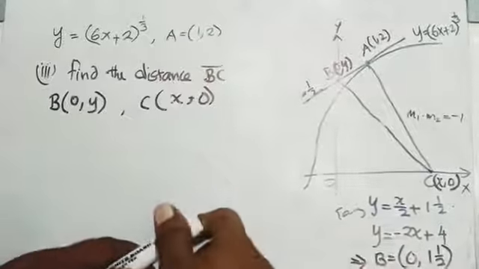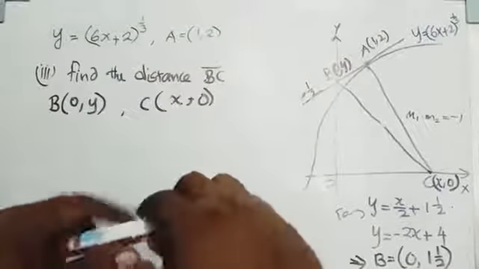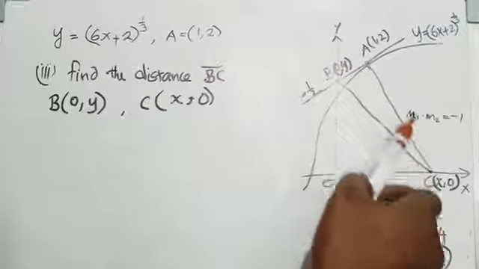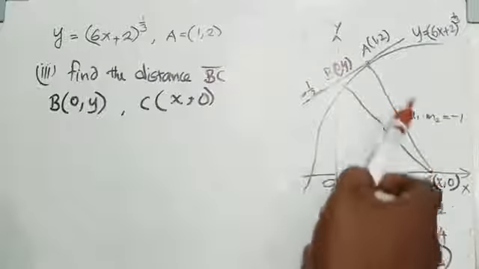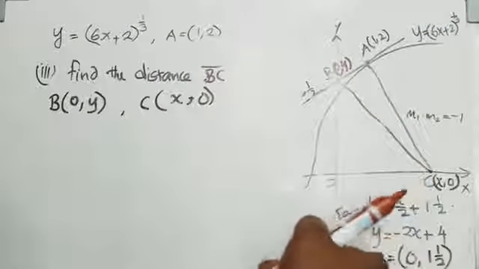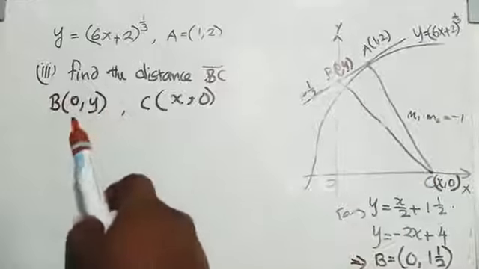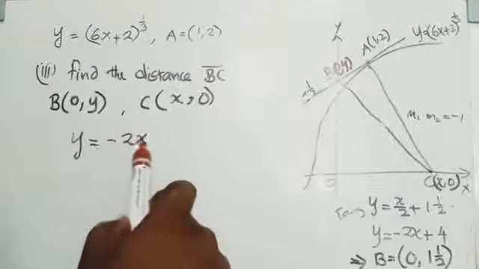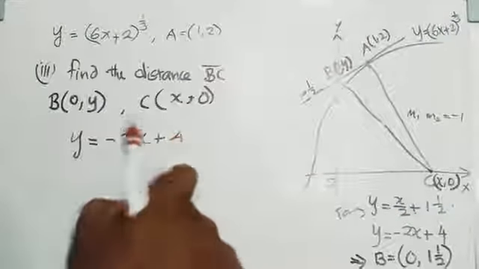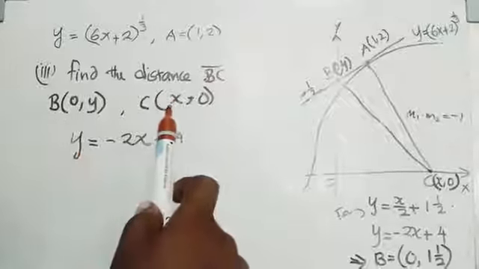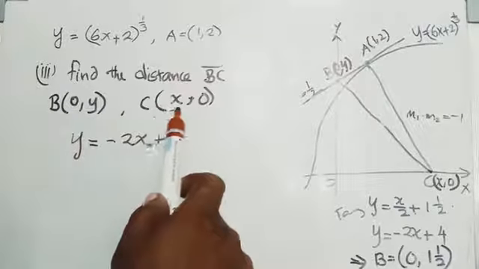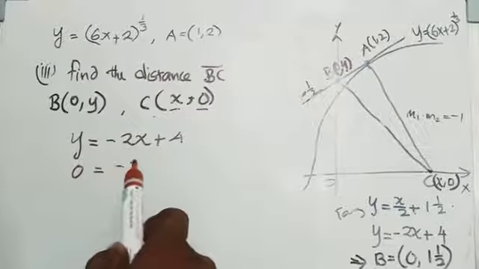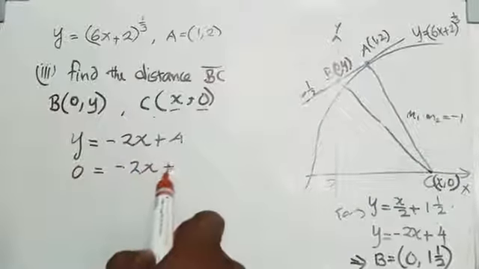Now similarly, we have to find out the point C. Look at the point C, it is a point on the normal. So to find the point C, you have to take the equation of normal, which is y is equal to minus 2x plus 4. And when we replace the value of C with (x, 0), we get 0 is equal to minus 2x plus 4.